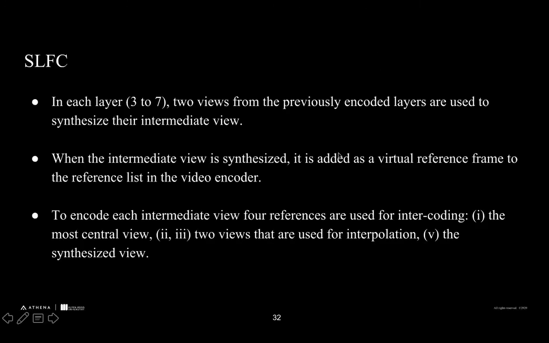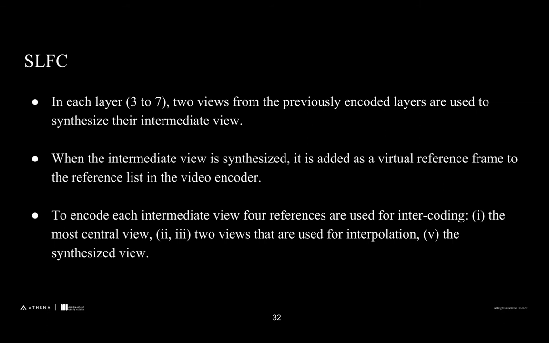Therefore, for intermediate views in layers 3 to 7, 2 views from the previously encoded layers are used to synthesize these intermediate views. When an intermediate view is synthesized, it is added as a virtual reference frame to the reference list in the video encoder.